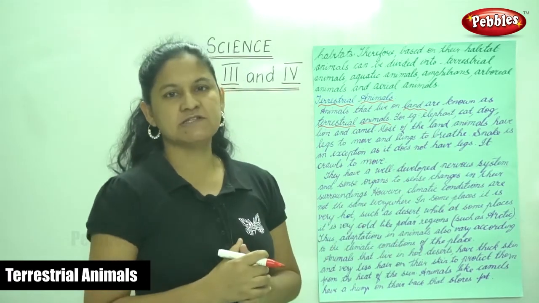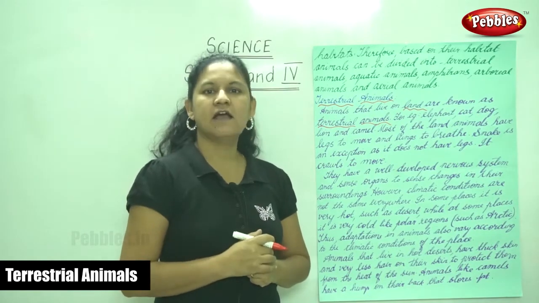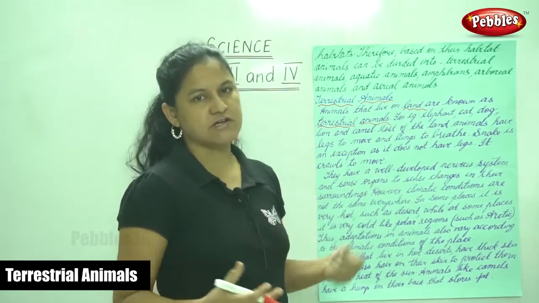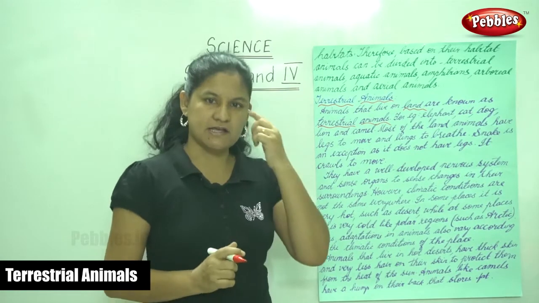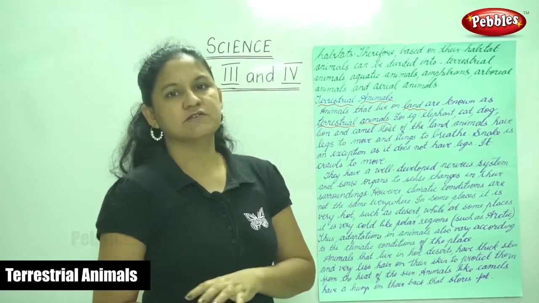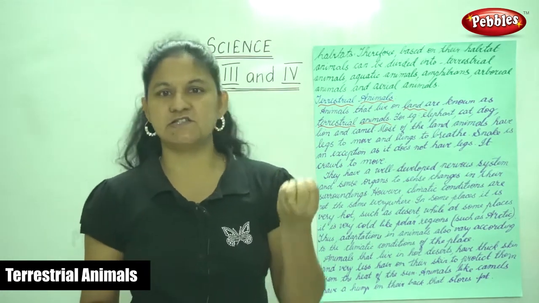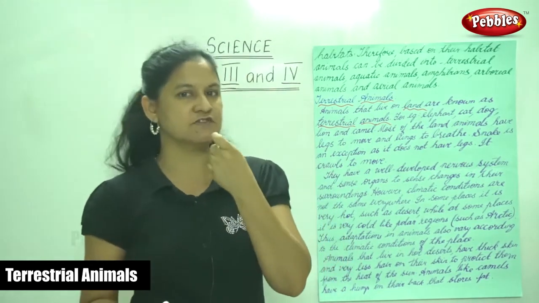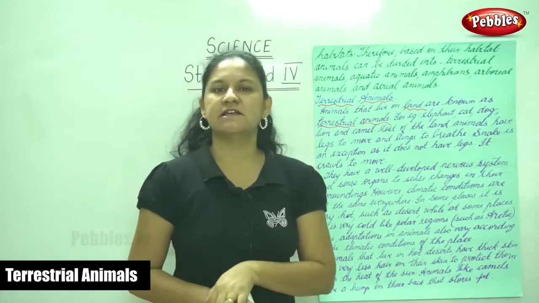So just like humans, the terrestrial animals, that is animals that live on land, have a well developed nervous system and sense organs. We have already studied about the 5 sense organs, that is your eyes, your nose, your ears, your tongue and your skin. The eyes give us the sense of seeing, the nose the sense of smell, the tongue the sense of taste, the ear the sense of hearing, and the skin the sense of touch.